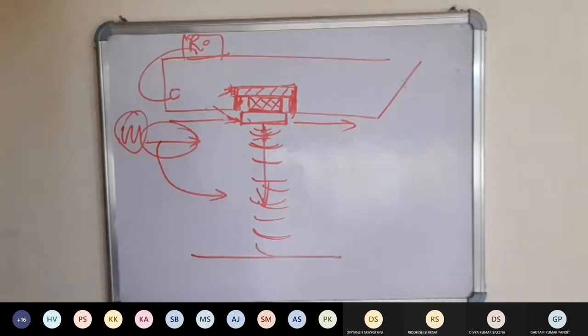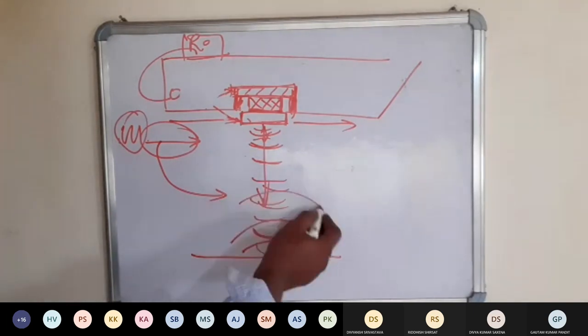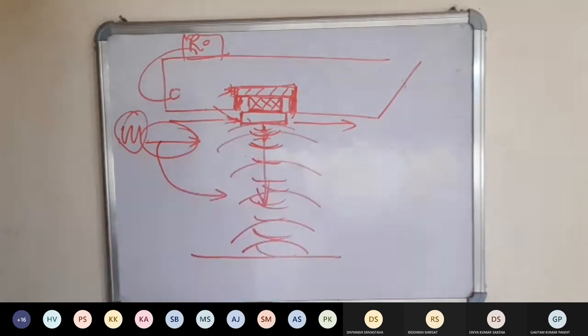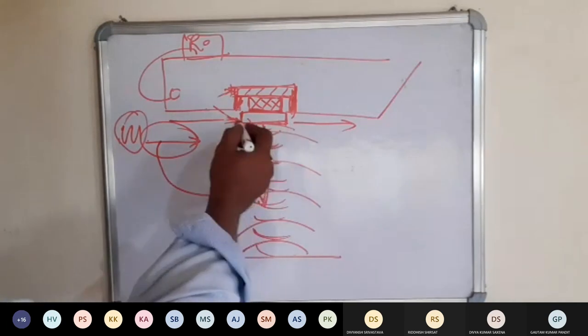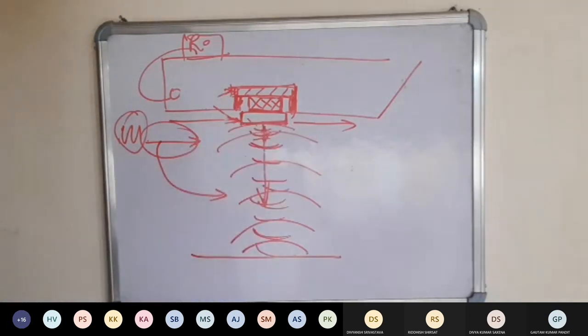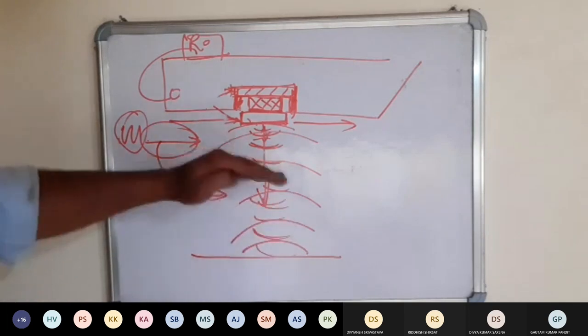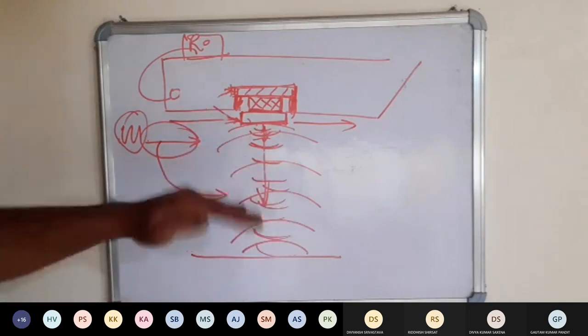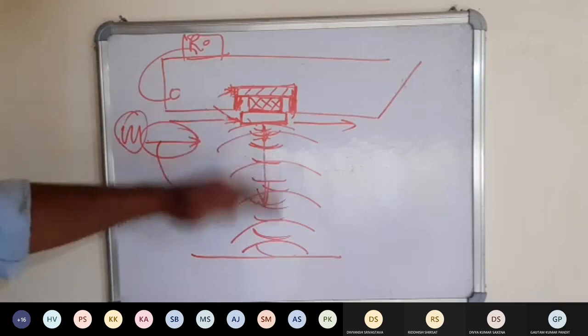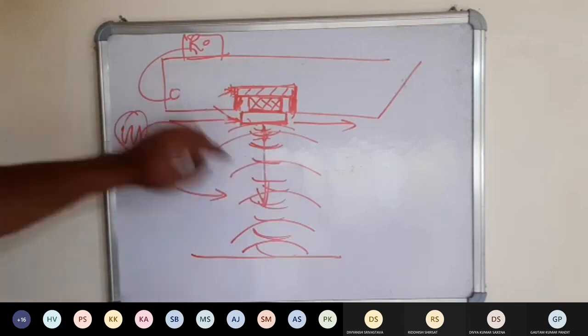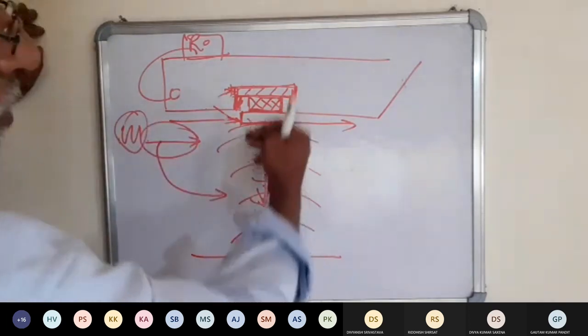It hits the seabed and the signal is reflected back, and again it hits the steel plate. This basically is mechanical vibration. The sound wave is the mechanical vibration of the molecules of the medium. So this is putting pressure on the lower plate.